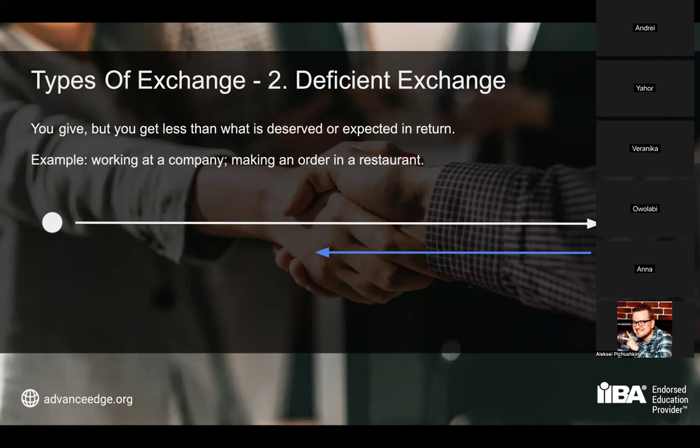Like you do everything that you should do. But at the end of the month, you receive just half of your salary, right? This is an example of a deficient exchange. Or again, you're making an online order from a restaurant, you select four dishes, you make the payment, but only two dishes arrive. This is an example of a deficient exchange.